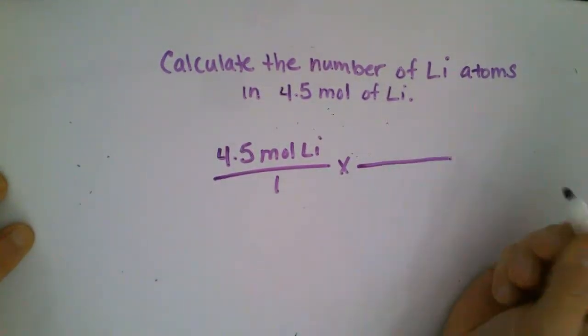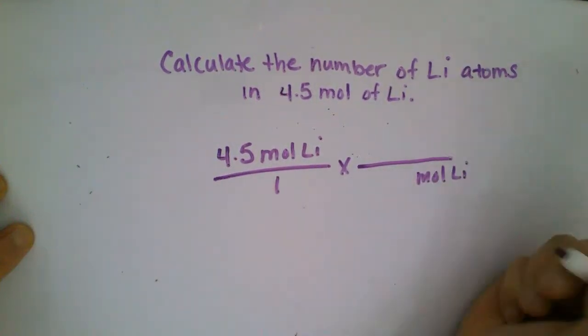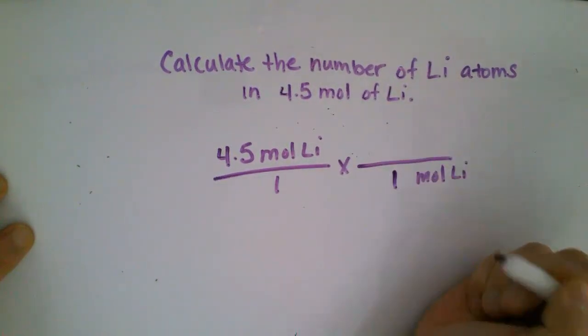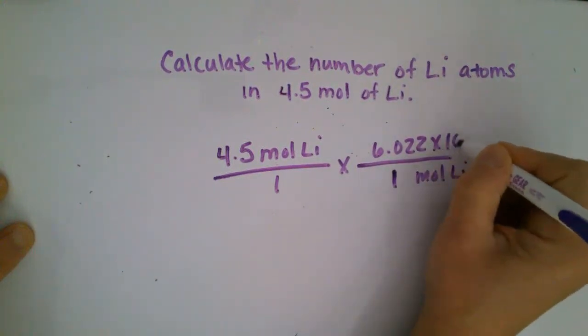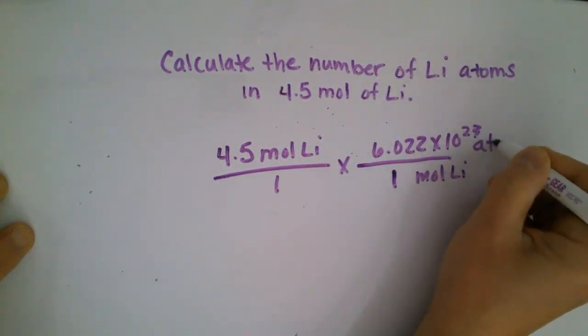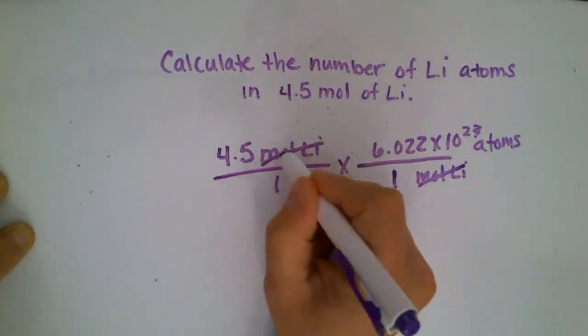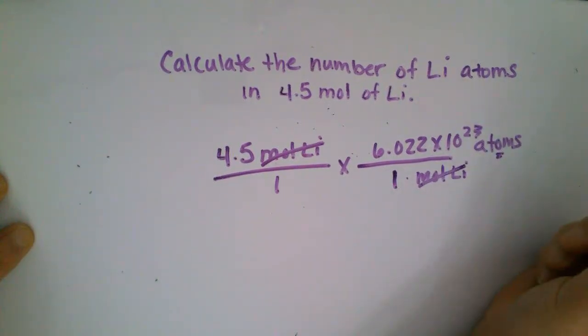So again, we're going to make a fraction. We want moles to be down below so they cancel, right? We know that in 1 mole of lithium, there are 6.022 times 10 to the 23rd atoms. Moles would cancel, right? Up and down, which leaves us with the only unit left, which is atoms.